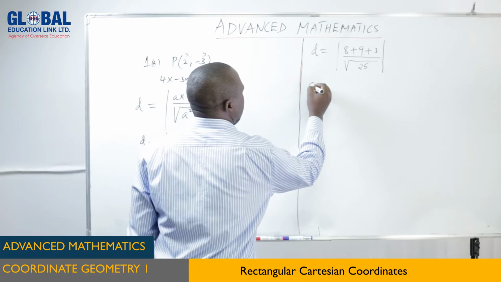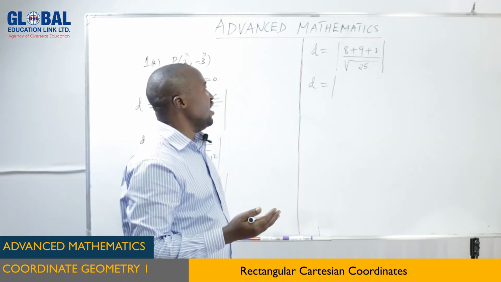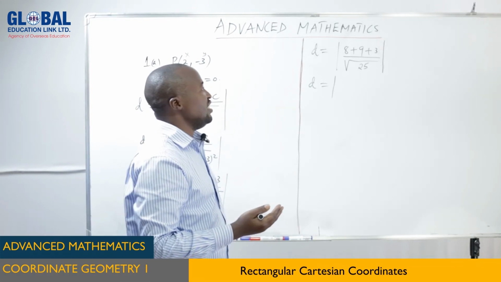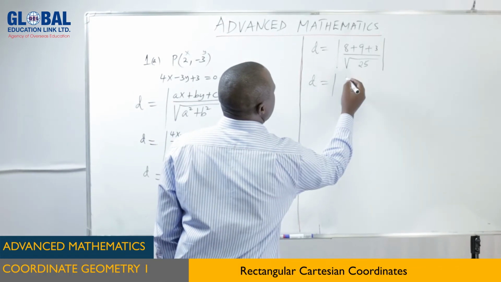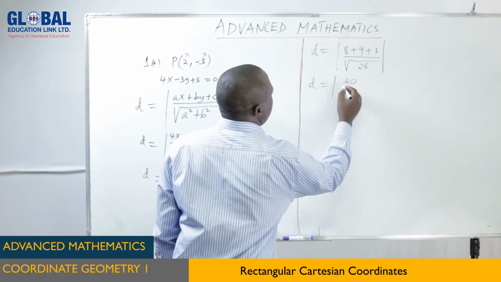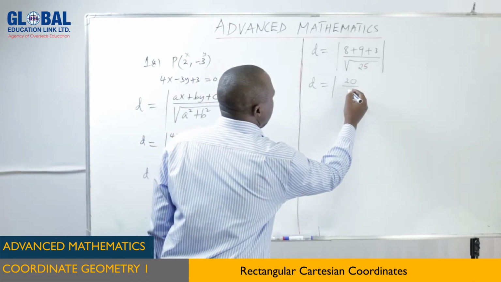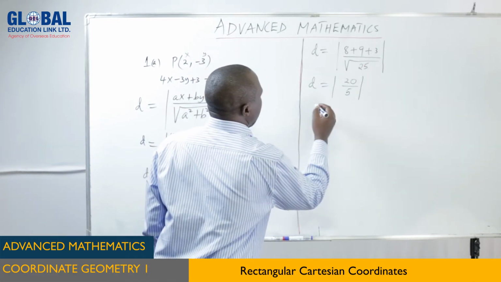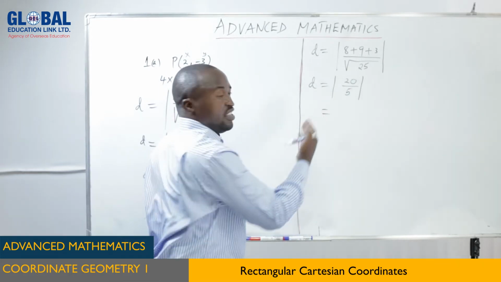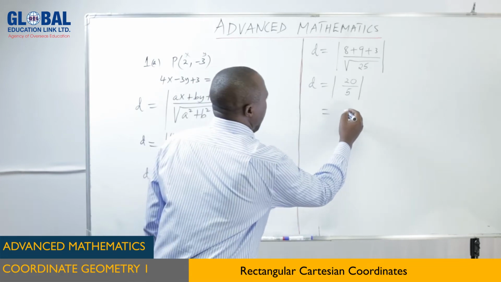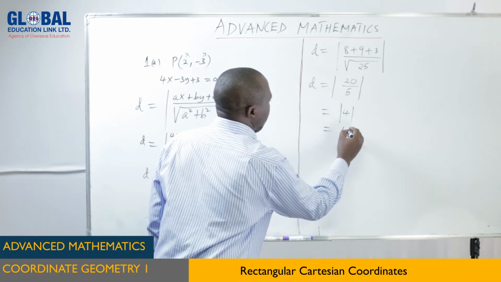So D will be equal to, we have 8 plus 9, that is 17. 17 plus 3, that is 20. So we have 20 over the square root of 25, which is equal to 5. So we just take 20 divided by 5, which is equal to the absolute value of 4, which is 4.